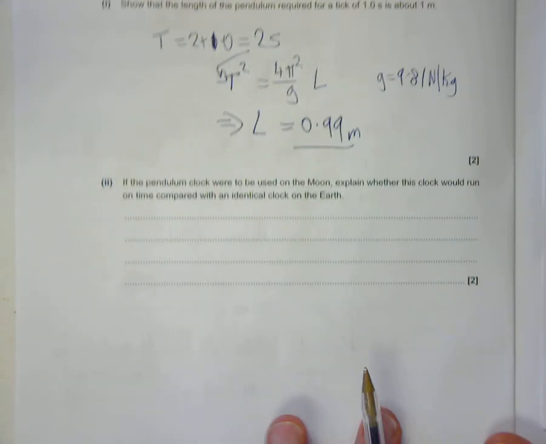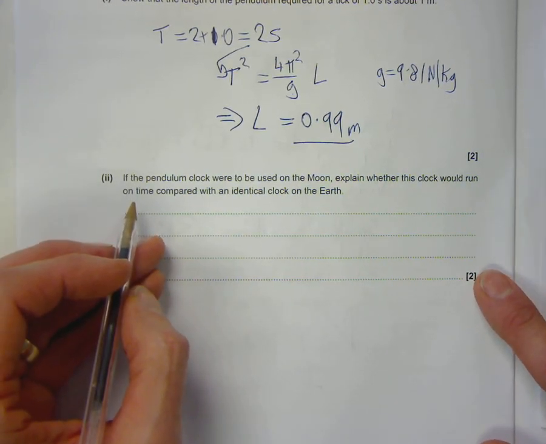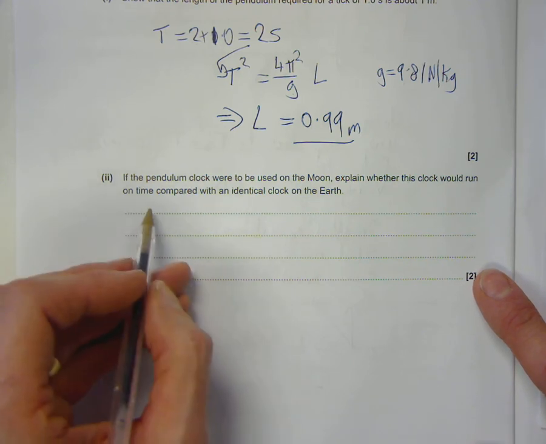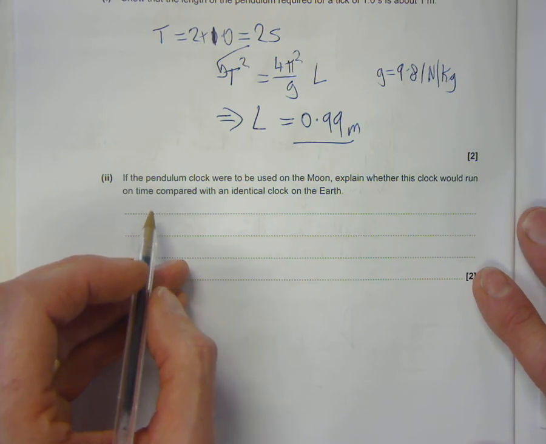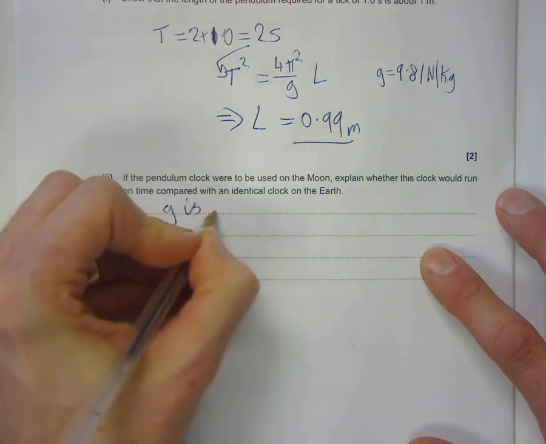And finally, part 3. If the pendulum were used on the moon, would this clock run faster or slower? Compare it. Don't just say it would be different, you must say it would be faster or slower. So on the moon g is lower.